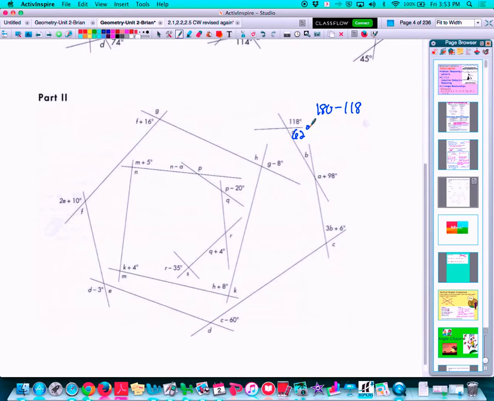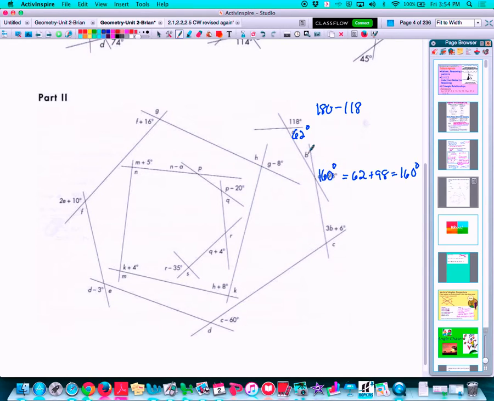Okay, so now that we know that A is 62, we can look down here, and it says this angle is A plus 98. So what that means is 62 plus 98 is 160 degrees. So this angle right here must be 160 degrees.